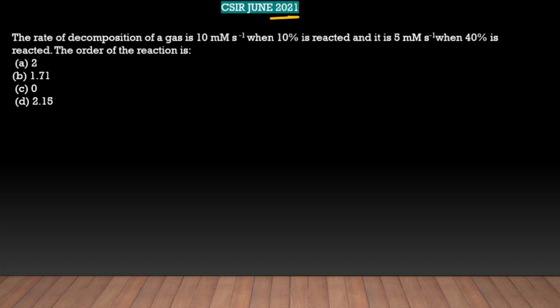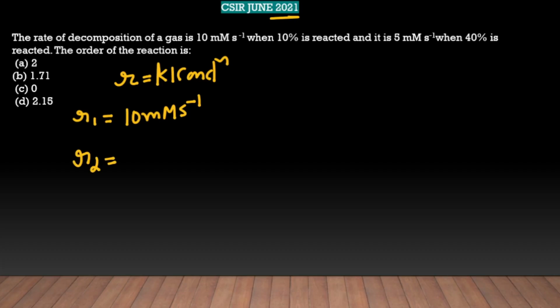The order of the reaction is? We know the rate expression according to the rate law is equal to K into the concentration raised to the power of n. So rate R1 is 10 millimolar per second, and R2 is 5 millimolar per second.